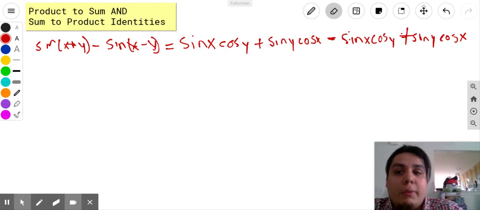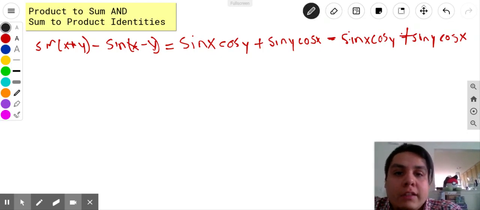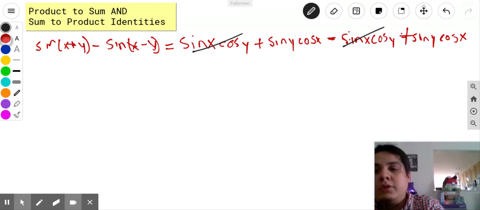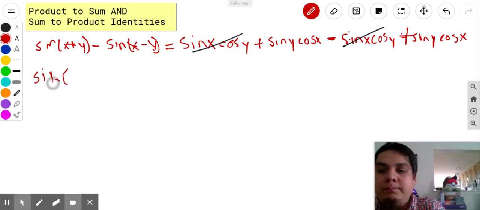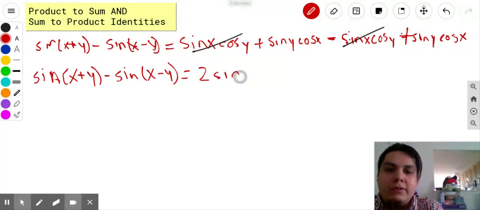I can see that the sine of x cosine y terms cancel out. So you are left with sine of x plus y minus sine of x minus y should equal 2 sine of y cosine of x.